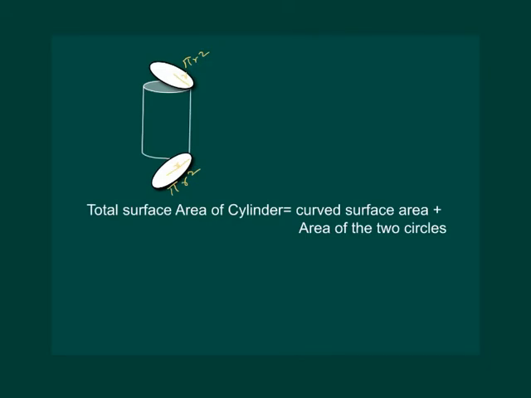Total surface area of the cylinder is equal to curved surface area plus area of the two circles, which comes out to be 2 pi r h plus pi r square plus pi r square, which is equal to 2 pi r h plus 2 pi r square.